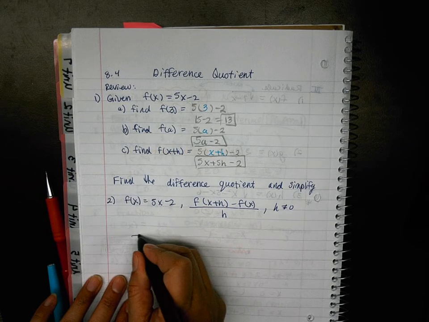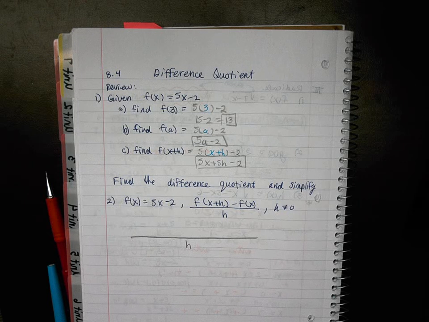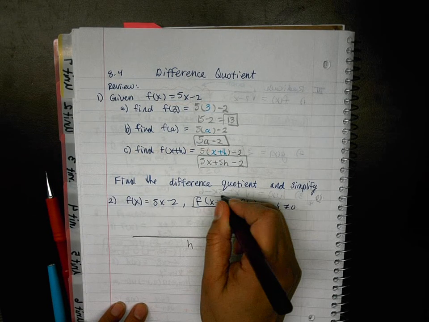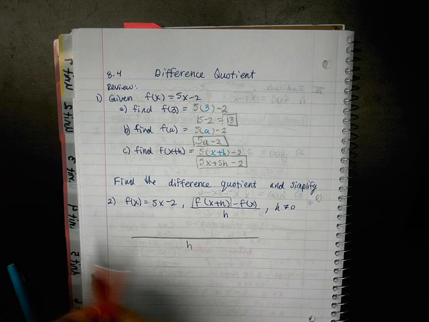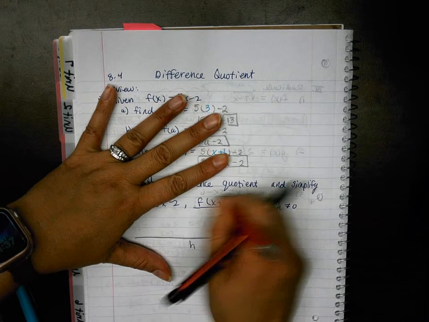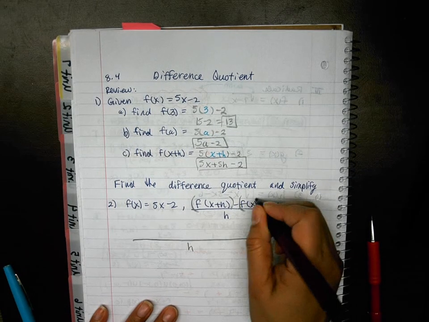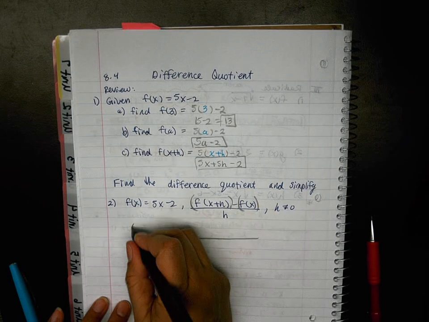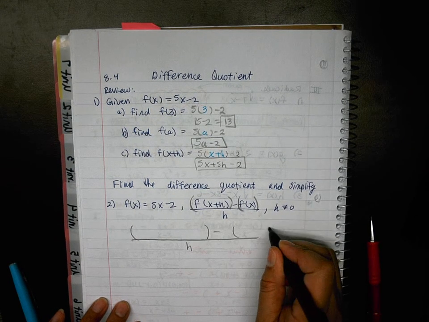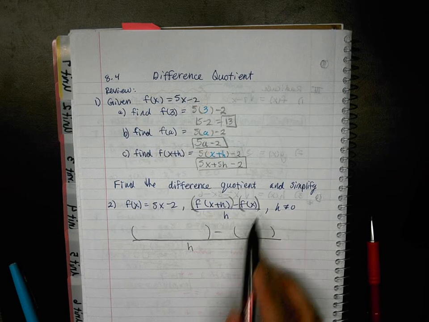Okay, so here is what we do. Make a big fraction. H is in the denominator. And this piece, you know what? Instead of a box, I'm going to use big parentheses. Exaggerated parentheses. And then we're going to fill in those exaggerated parentheses. I usually make my second one smaller because the first one's bigger, the second one's smaller.